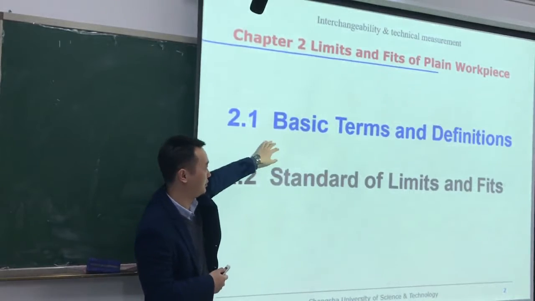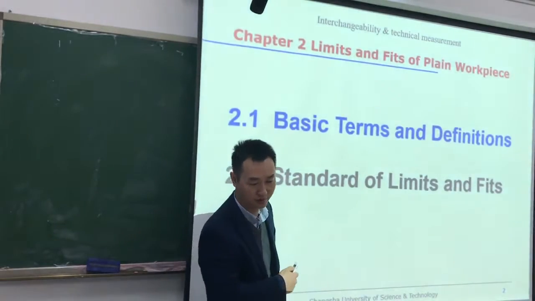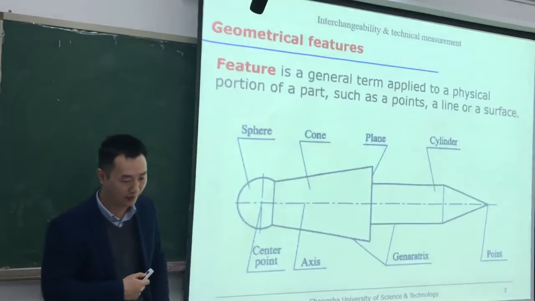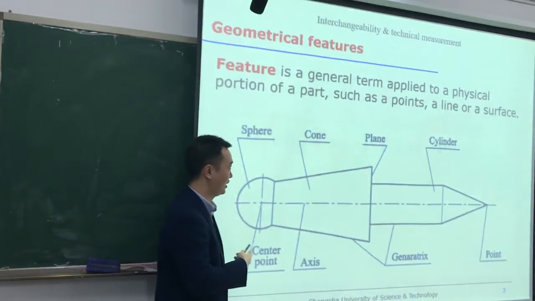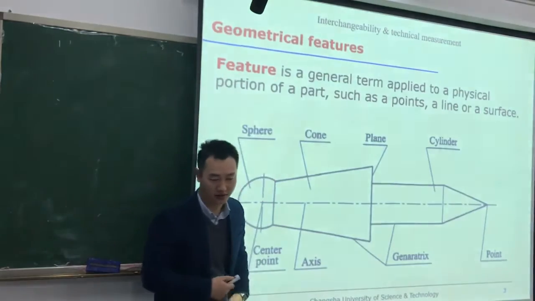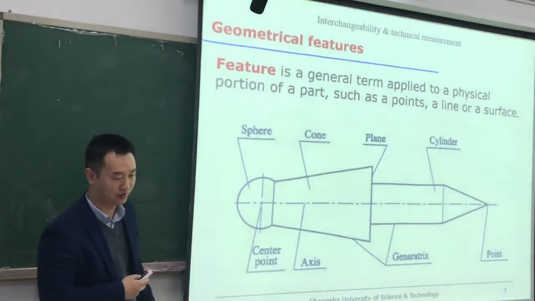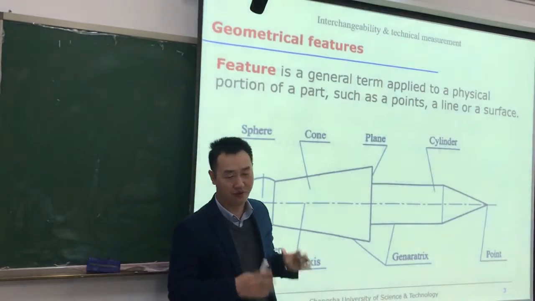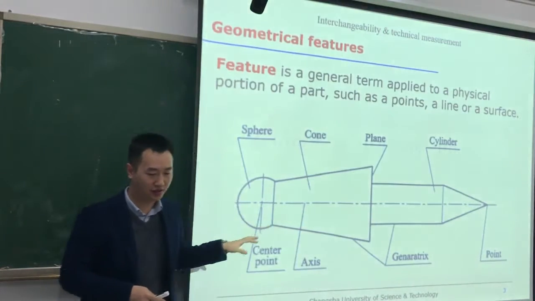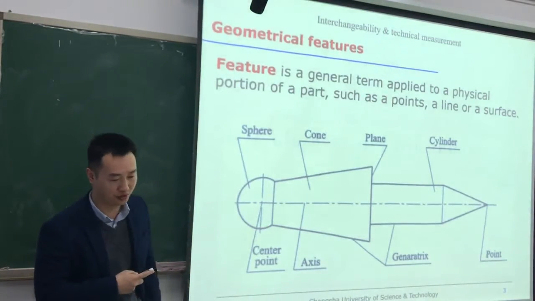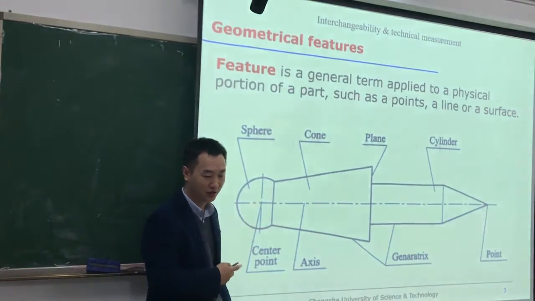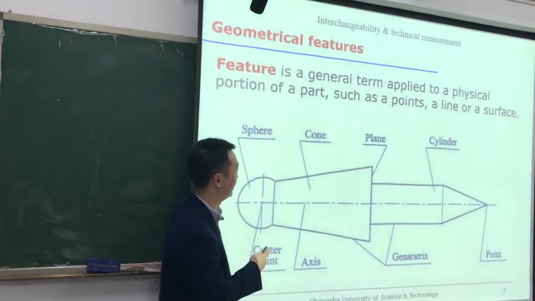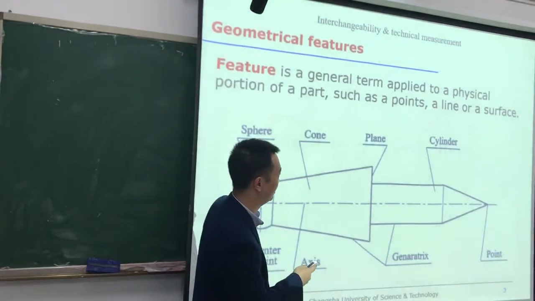Okay, let's move on. First, we learn the basic terms and definitions about limits and fits. First, I'd like to introduce the term feature. We talk about features very often, but in this course, a feature refers to a physical portion of a part, such as a point, a line, or a surface.